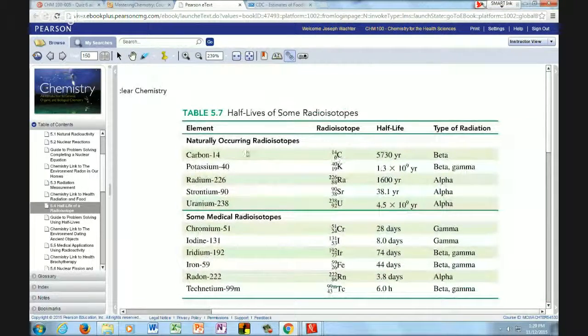So here are some half-lives of some isotopes. And you can see this medically used one only has a half-life of 6 hours. So in 6 hours, half of it's gone. Another 6 hours, another half's gone. Another 6 hours, another half's gone. So within a few days, it's pretty much out of your system. And that's nice for things like imaging when you don't want to have this radioactive stuff around for a long time. That is going to break down relatively quickly.